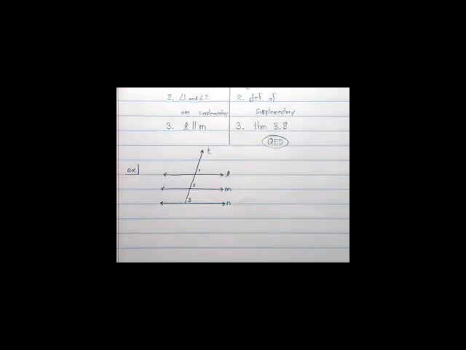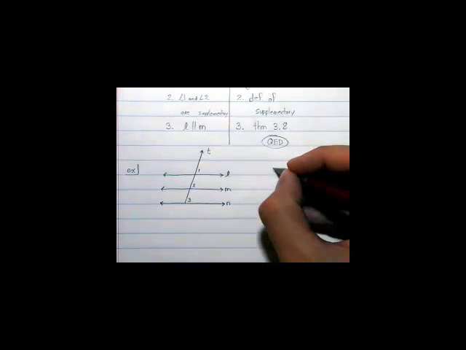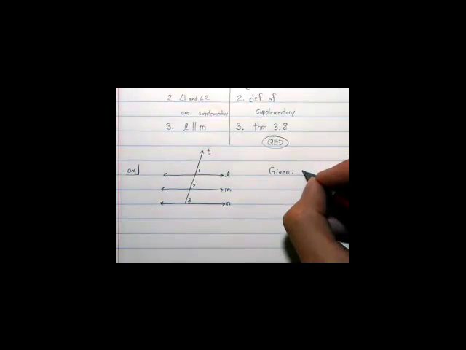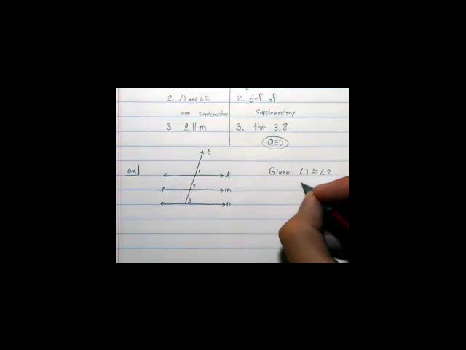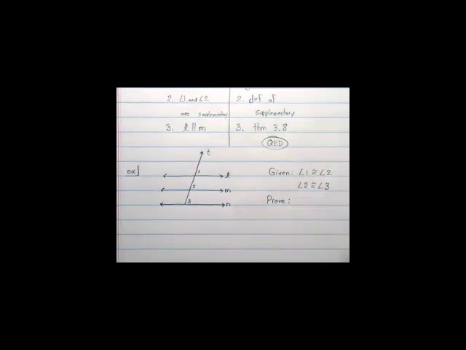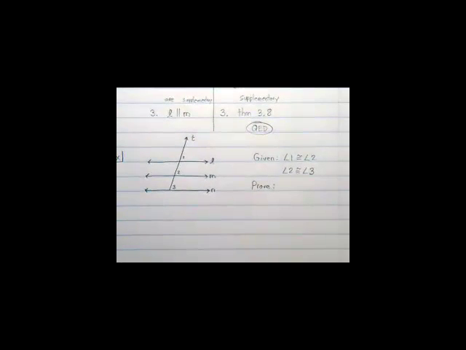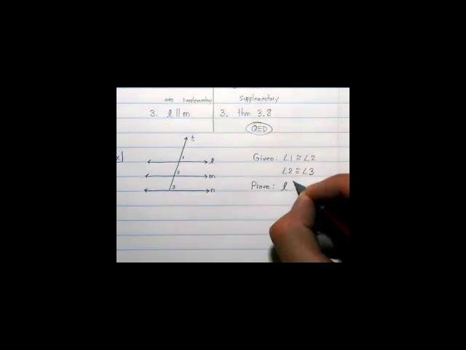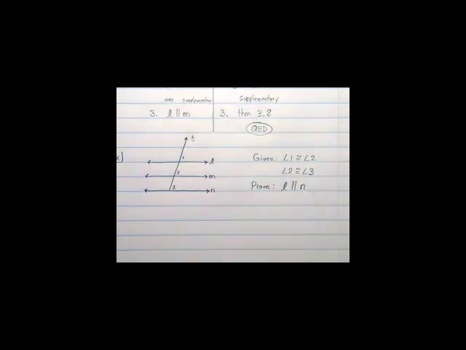We have lines L, M, N, and then there's the transversal T, and angles 1, 2, and 3. So my given for this one is going to be angle 1 is congruent to angle 2, and angle 2 is congruent to angle 3, and I want to prove that line L is parallel to line N.